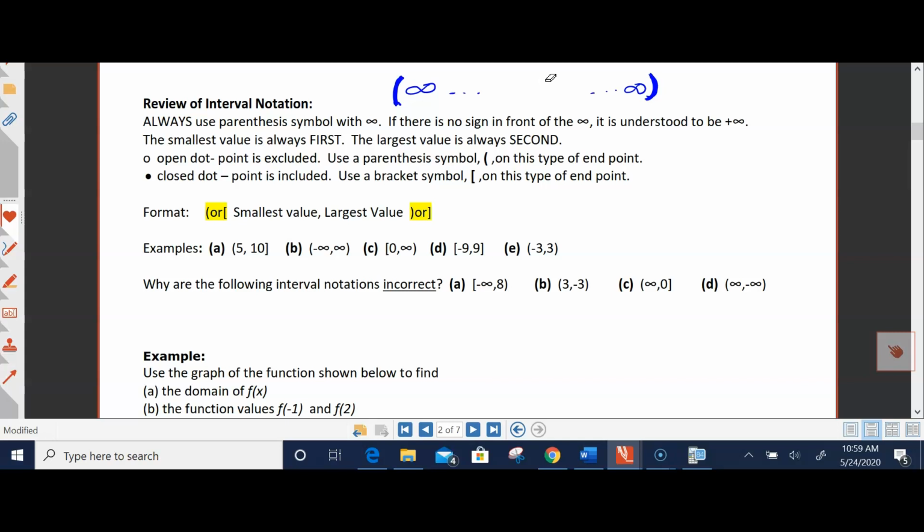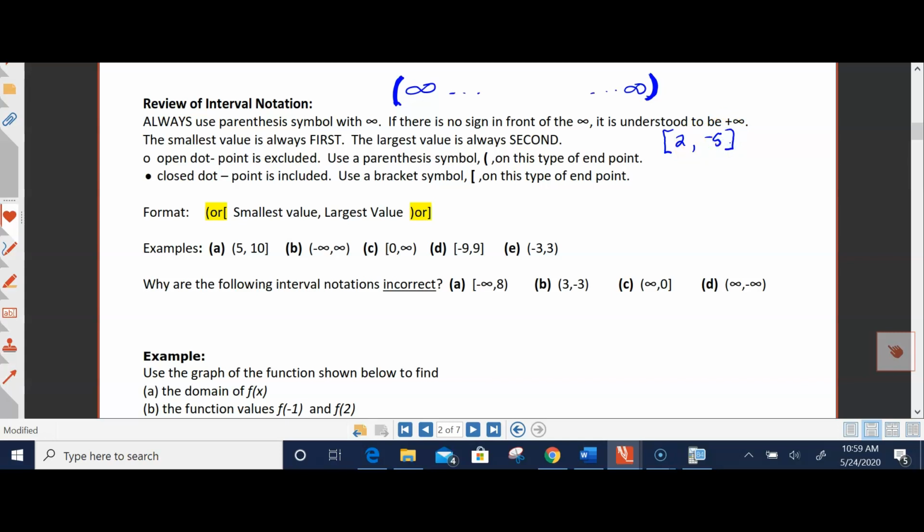And when you have your interval notation, be aware that it has to be in number order. If I had an interval notation that looked like this, let's say I had a bracket and a 2, a comma, a -5 with another bracket.